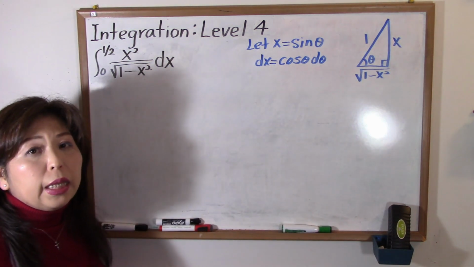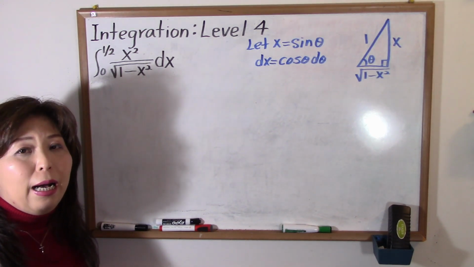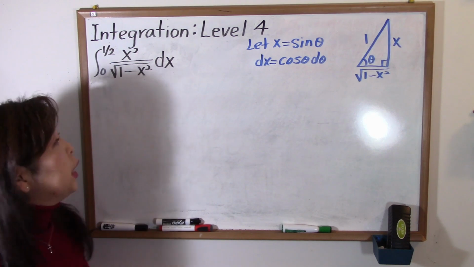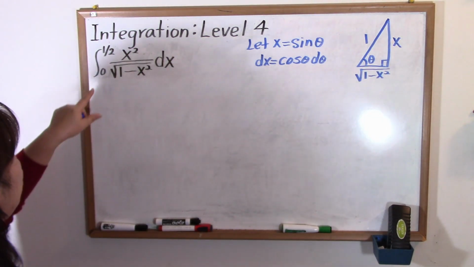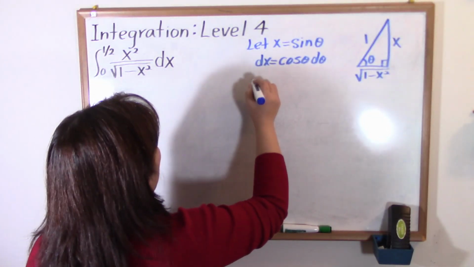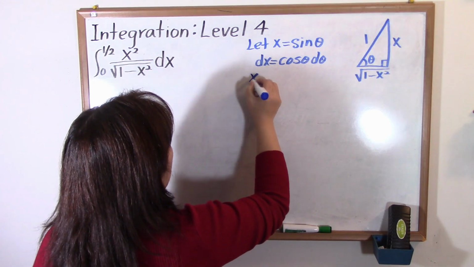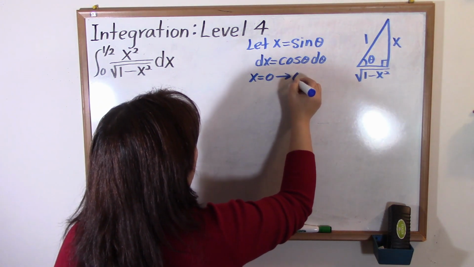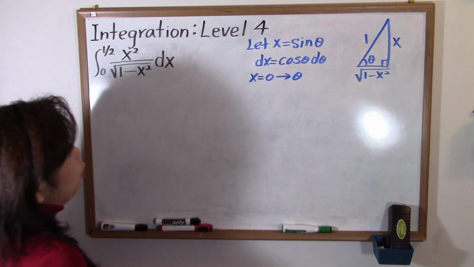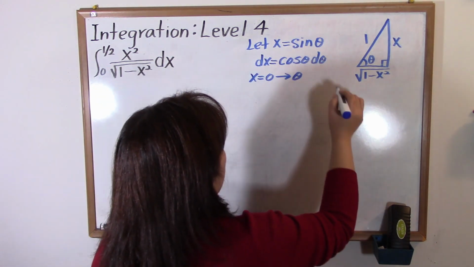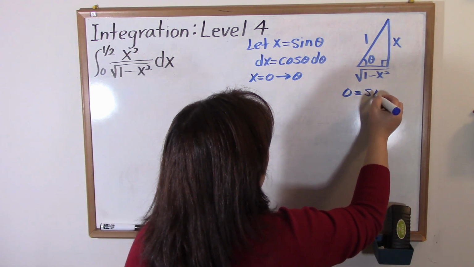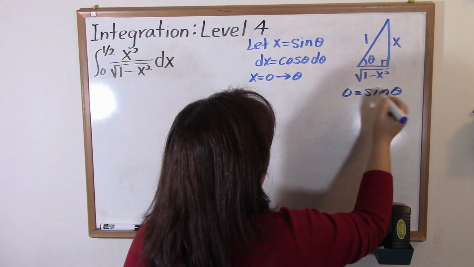Next step, we want to have boundaries with respect to theta. The lower limit is 0. When x is equal to 0, what is the lower limit for theta? We plug 0 in here, so 0 is equal to sine theta.